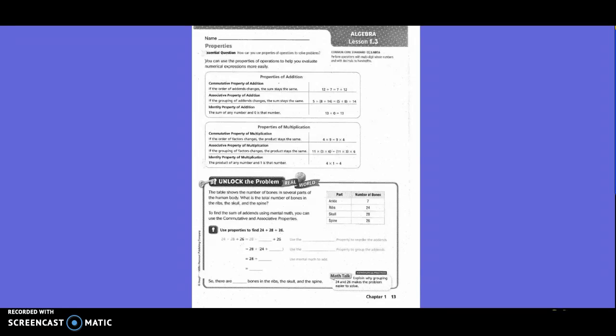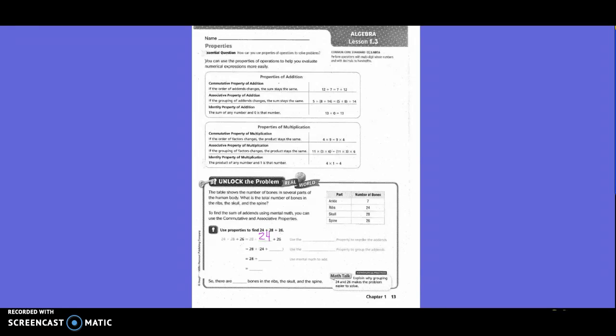So basically, they're saying there were 24 bones for the ribs, 28 for the skull, and 26 for the spine. So they're saying if you did 28 plus what? What was the other one that we have that we don't see here yet? 24, right? Because we use the 28, we use the 26, and then we need the 24.